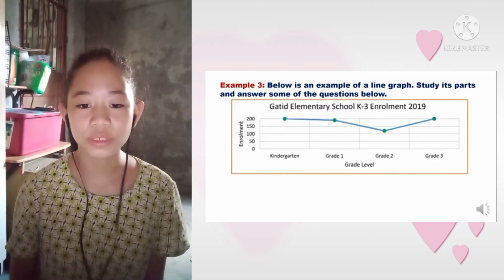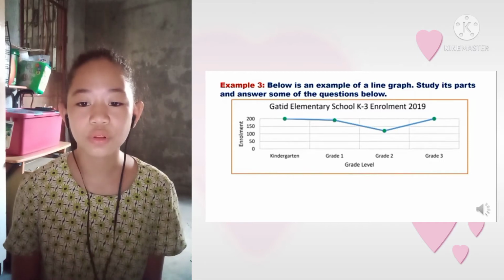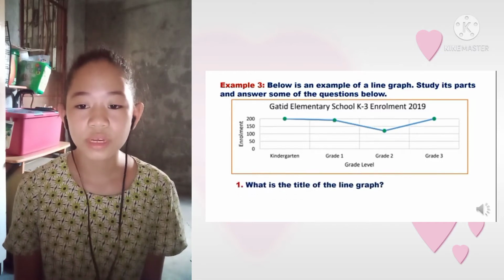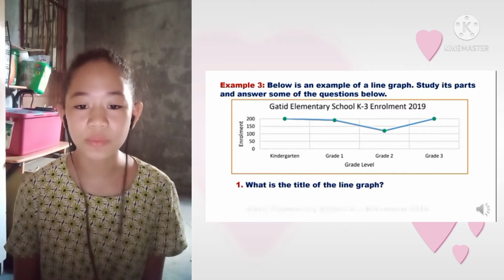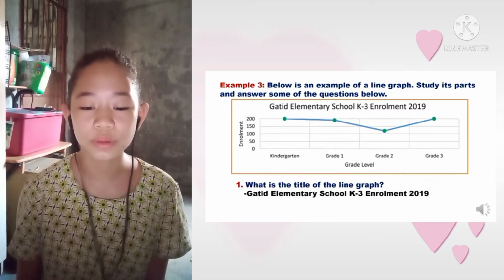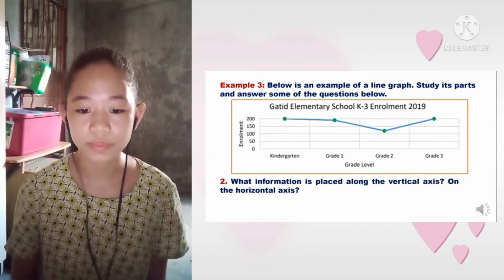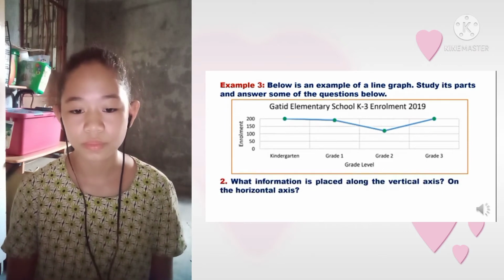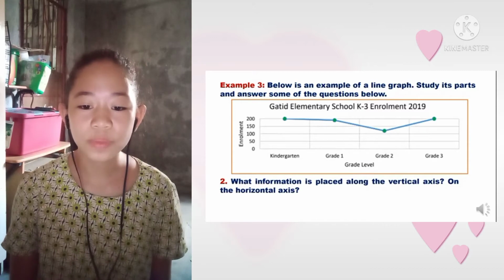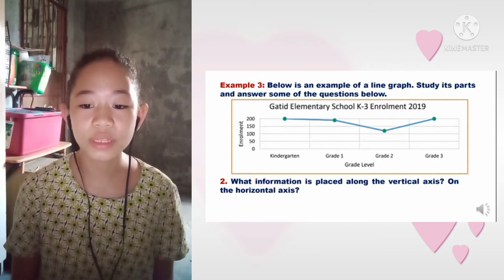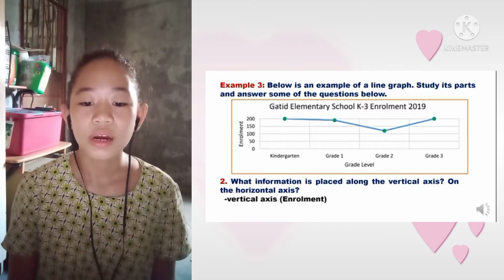Sample 3. Below is an example of a line graph. Study its parts and answer the questions below. What is the title of the line graph? What information is placed along the vertical axis? On the horizontal axis?